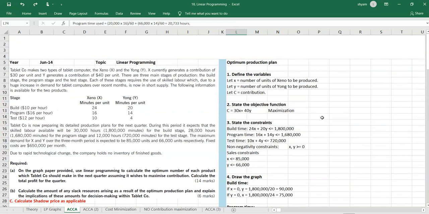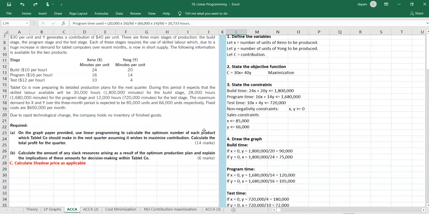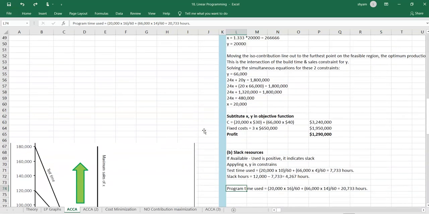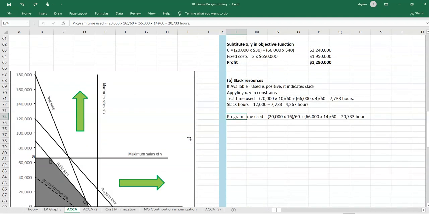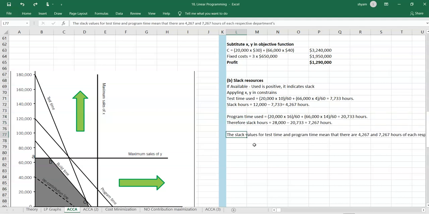How much is available for program time? Available is 28,000 hours. So we still have 7,200 hours surplus available.